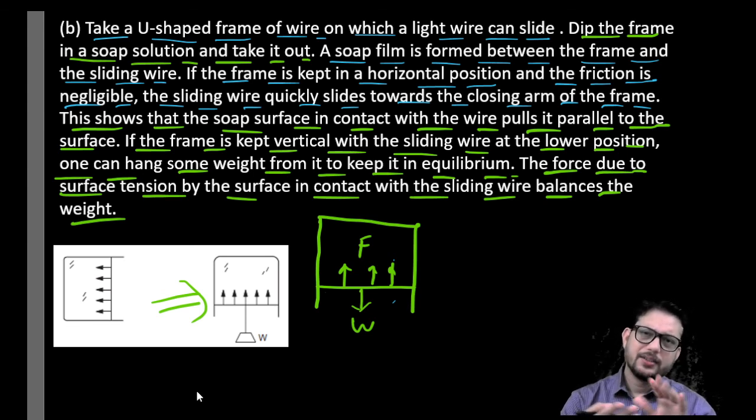So there are different daily life activities which demonstrate surface tension, but as we don't know the term surface tension, we ignore that phenomenon and simply see that the mosquito is residing on the surface. But why it is residing, we don't know.